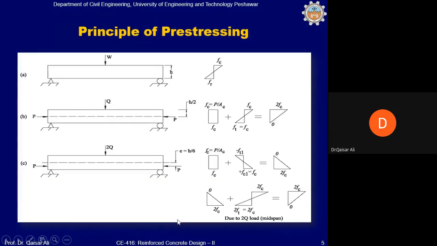Okay, the principle of prestressing is explained in these two slides with a numerical background and a numerical explanation. Let's say this is a beam. The first figure A.